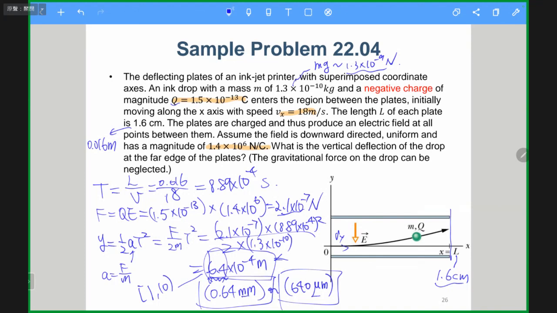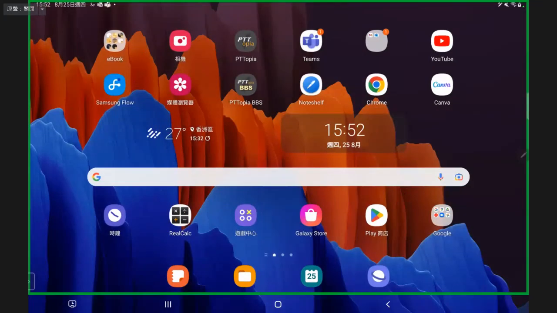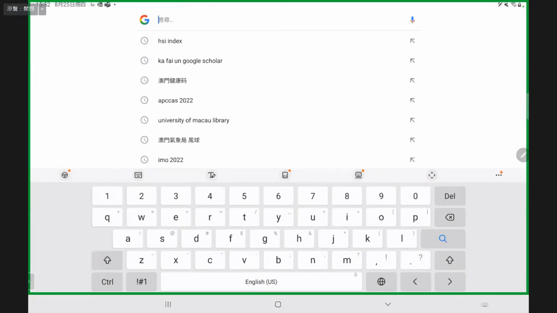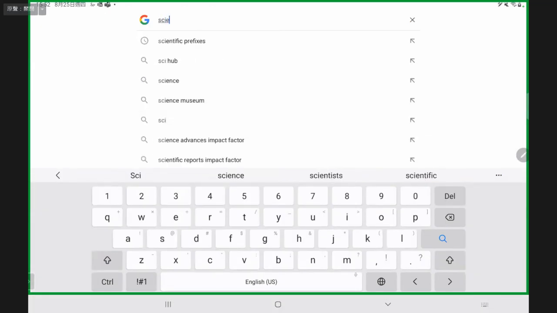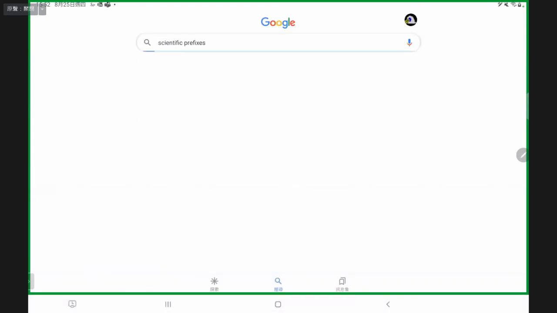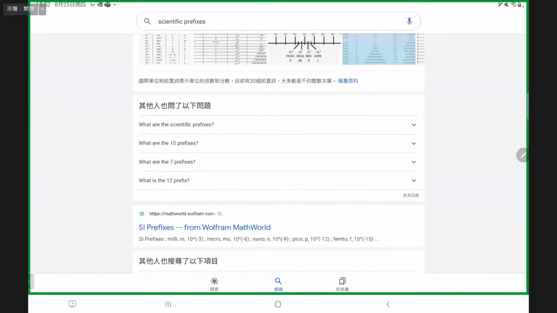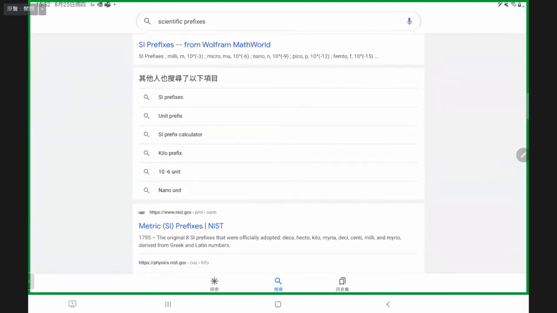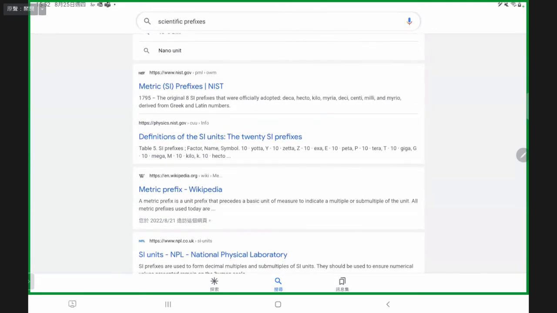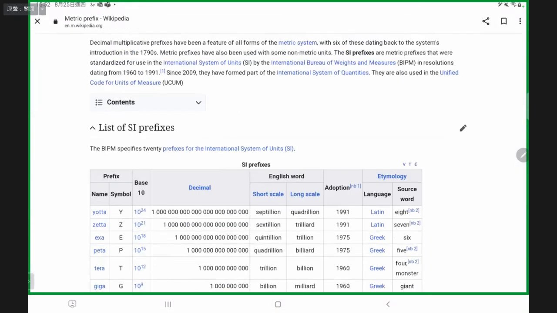Of course, I expect you to remember the scientific prefixes. You can simply check them on Wikipedia, under metric prefix.